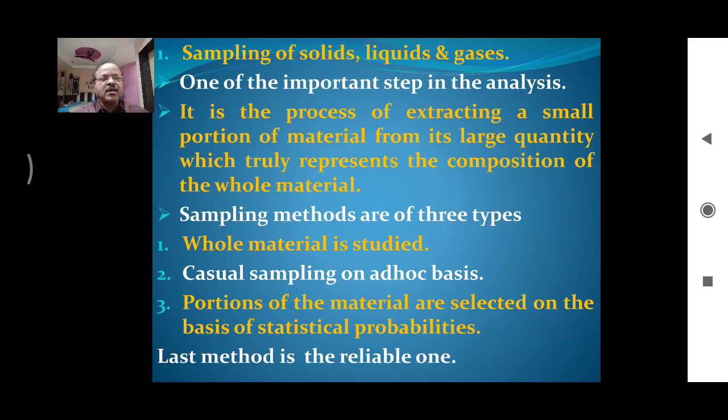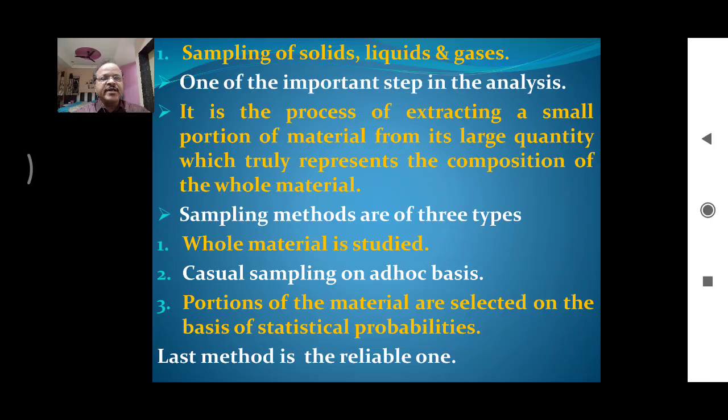Suppose we have the material in large quantity, and for a temporary purpose, for supplying or giving to another company, or for using for a particular preparation, we can analyze that compound on a temporary basis. So this is again not the complete method of sampling, casual sampling on ad hoc basis.